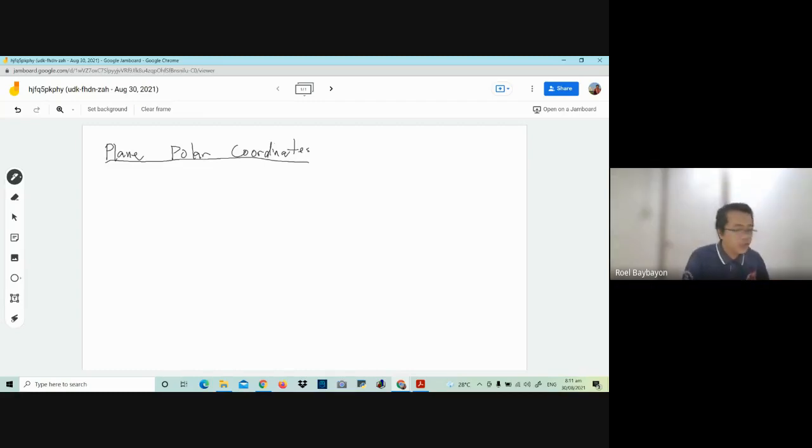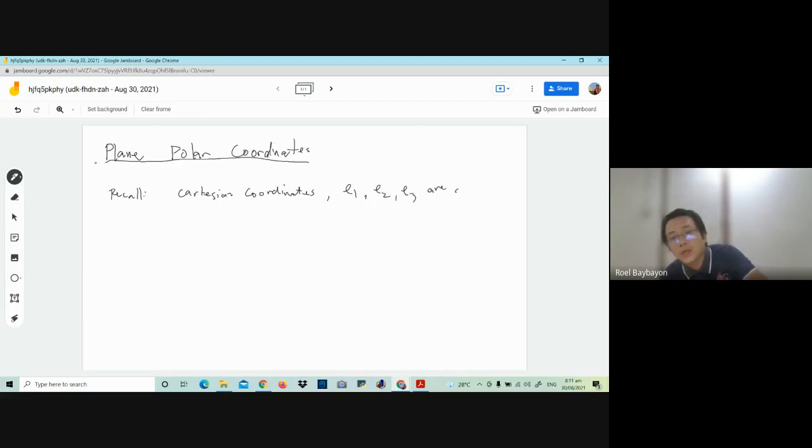So in plane polar, we have to take note, let me recall the important properties of Cartesian coordinates. In Cartesian coordinates, e1, e2, e3 are constant in time.